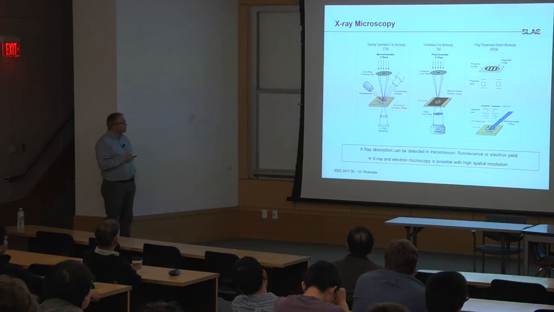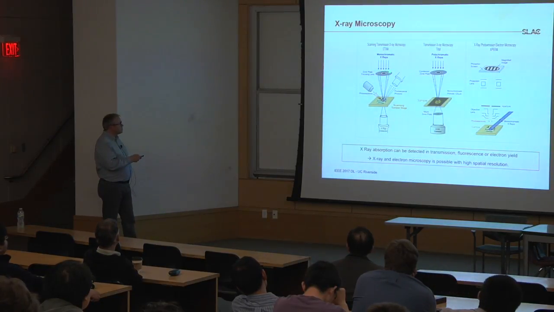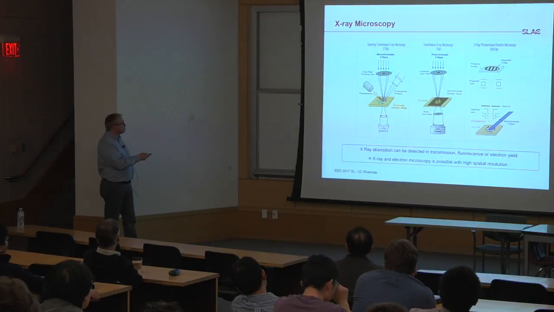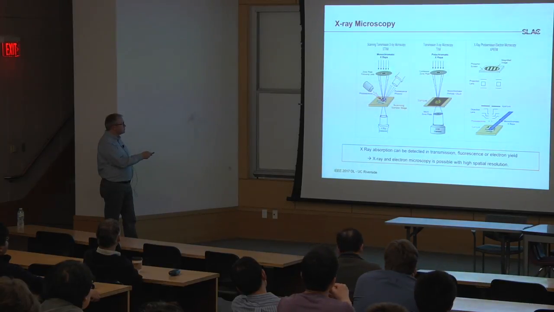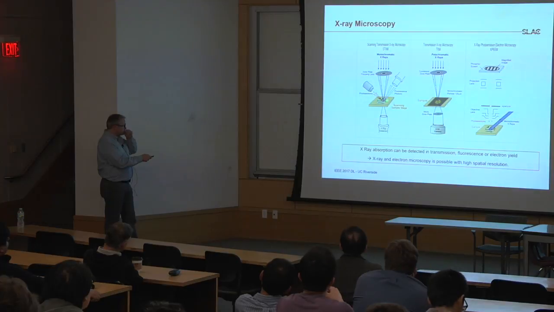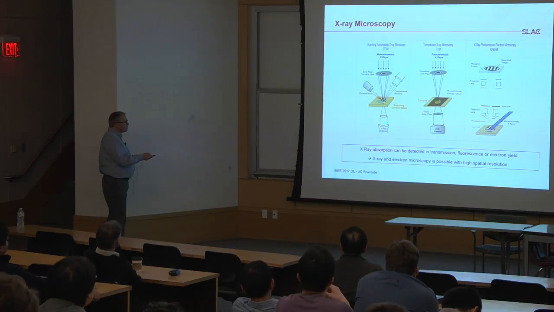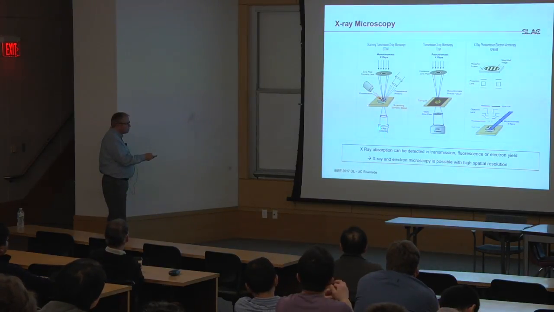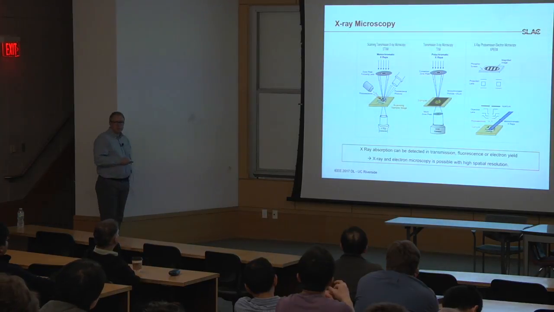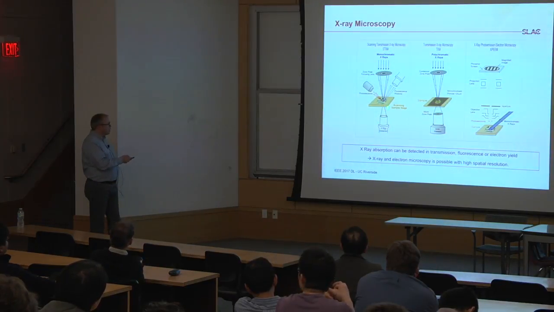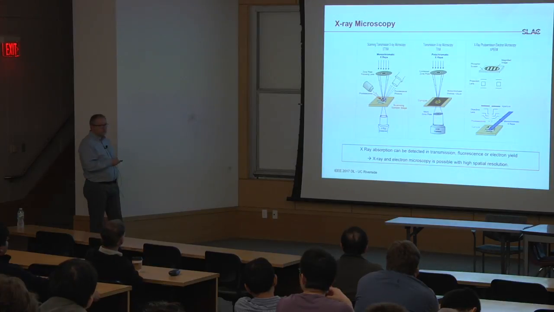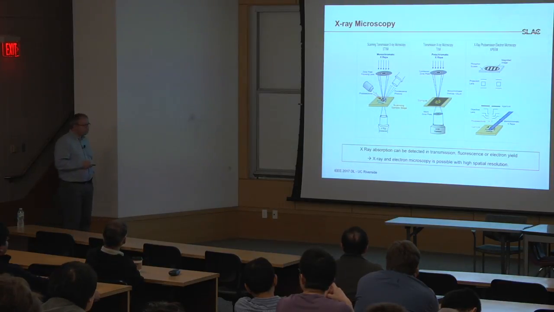And this is exactly the kind of microscopes that we are using. So we have one of these Fresnel zone plates. We have monochromatic X-rays. We make a focus somewhere here. And then we scan our sample through that focus, like in an STM, for example, but instead of detecting a current or whatever, we just have a photodiode in the back so that we can measure how many X-rays are actually getting transmitted through the sample.